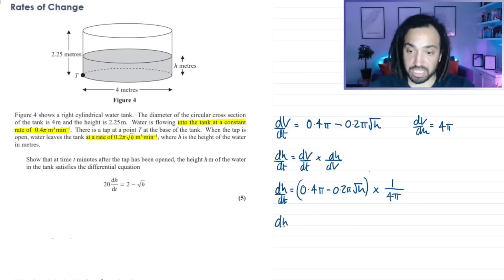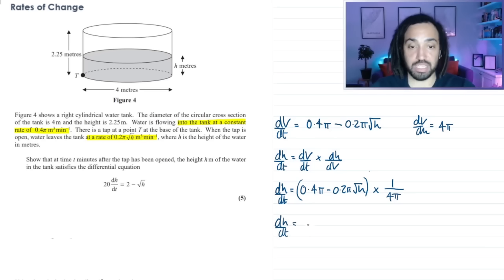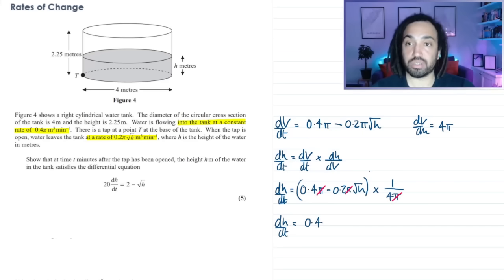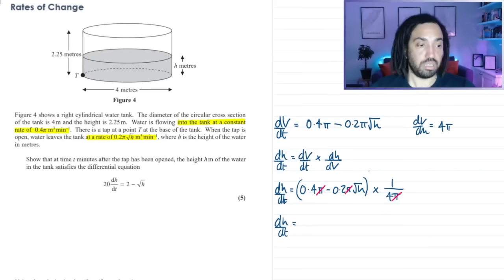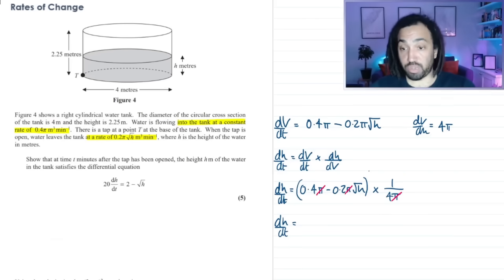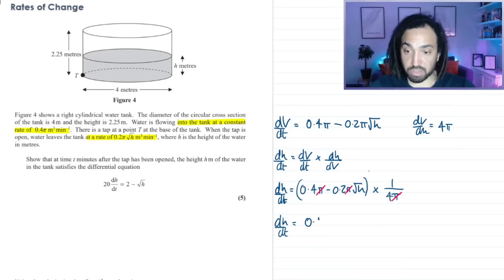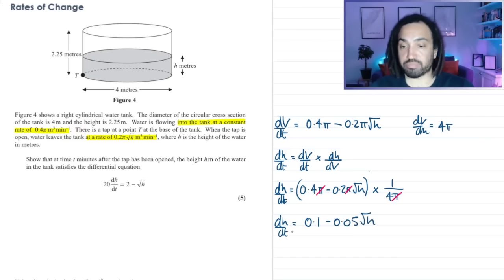Okay, great. So we can say dH by dt is equal to 0.4, and in fact we can do some cancelling here because we've got a pi in both terms, and then we are dividing by pi, and then we are also dividing by 4, so we can divide through by 4, which gives us 0.1 and 0.05 root h.